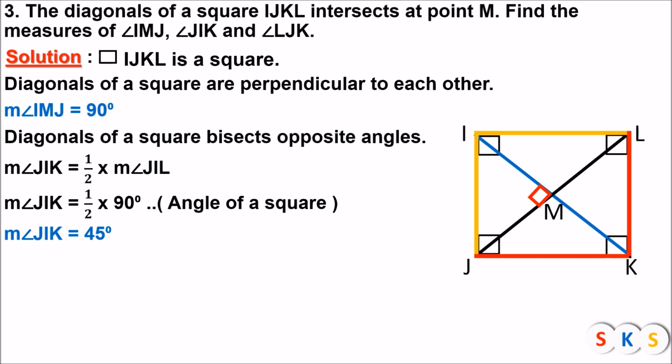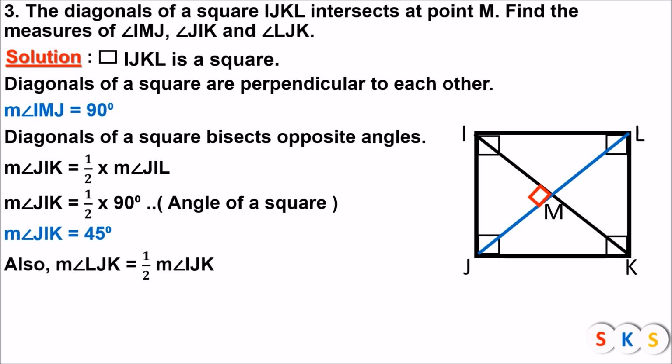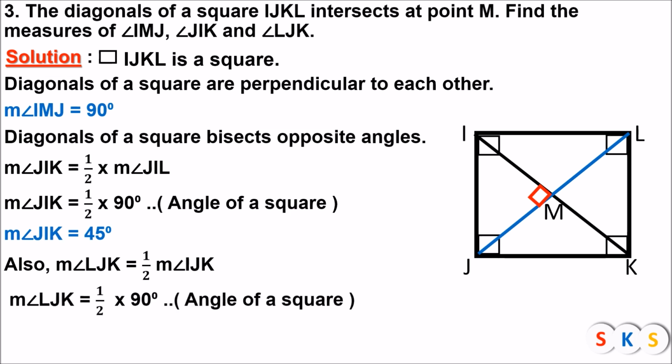Now we have to find out angle LJK, and we will find angle LJK using the same property. You can see in this figure, segment JL is a diagonal of a rhombus and it divides opposite angles. Therefore measure of angle LJK is half of measure of angle IJK.